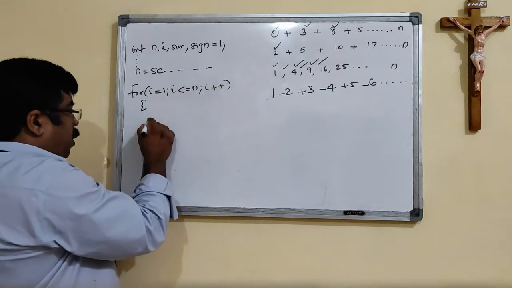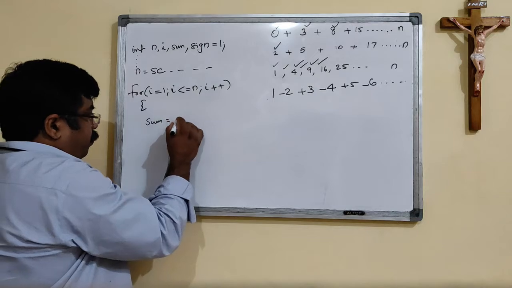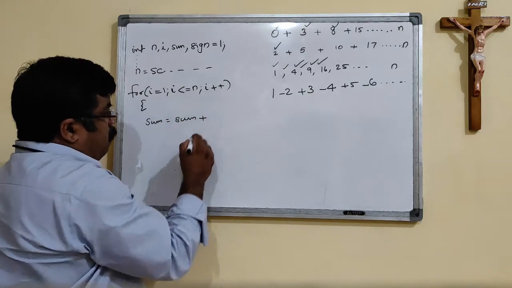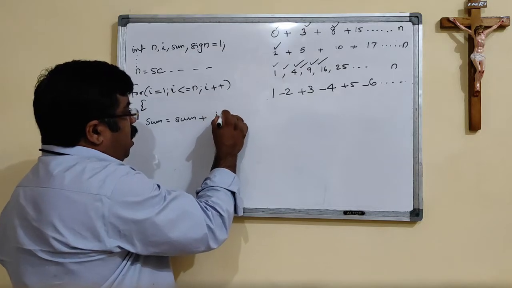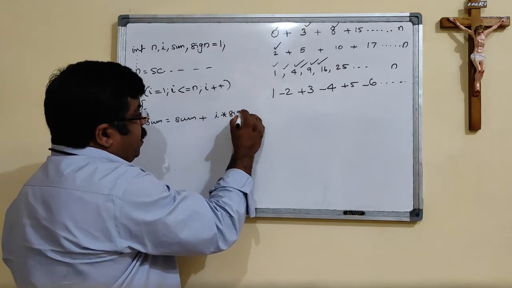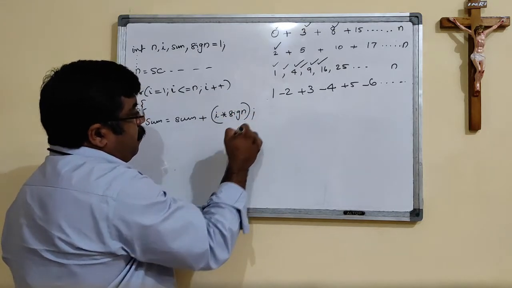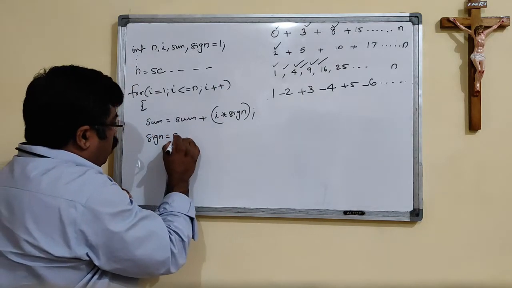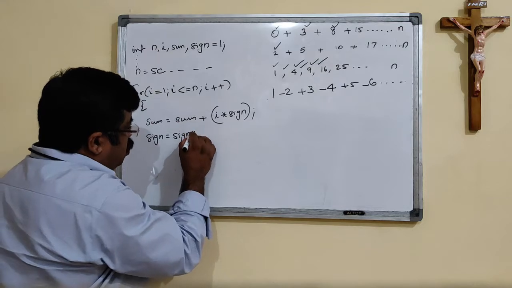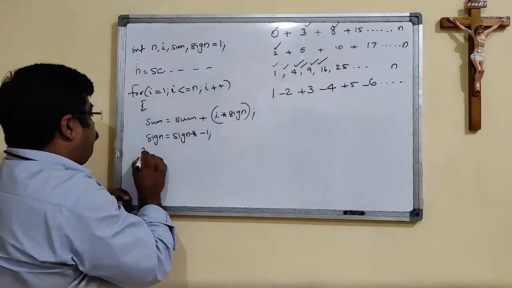Okay, you may give sum is equal to sum plus the I into sign. Then we give sign is equal to sign into minus 1.